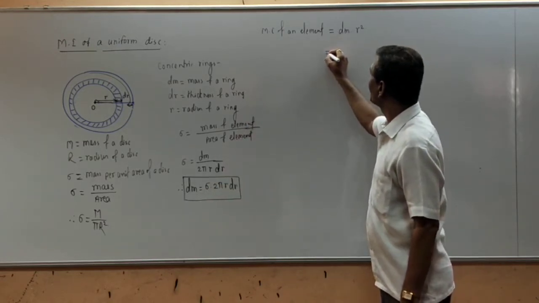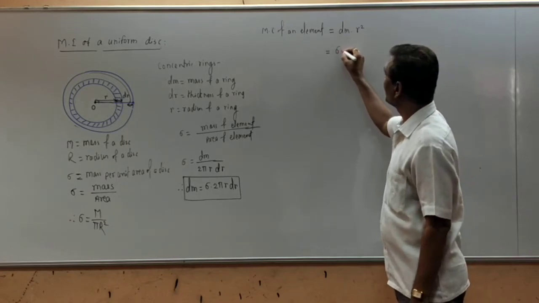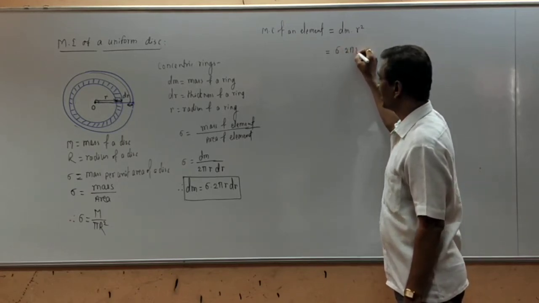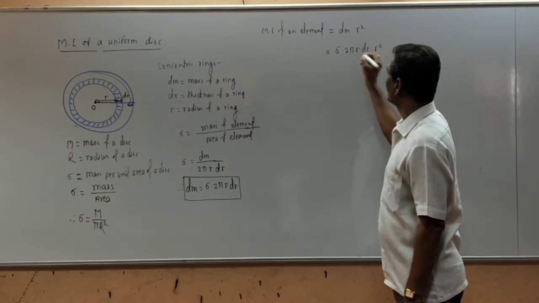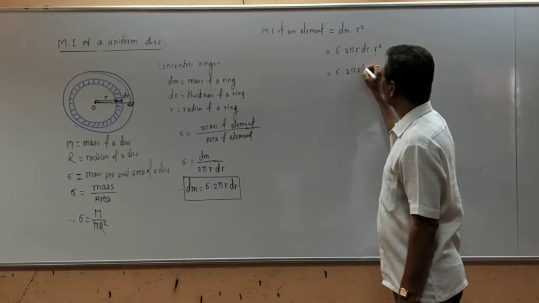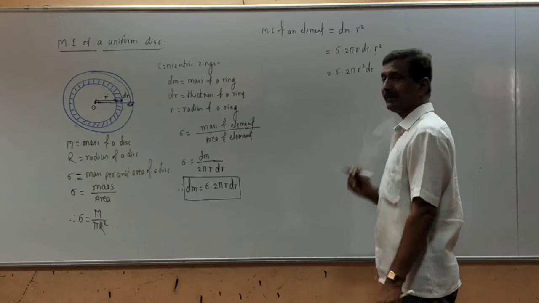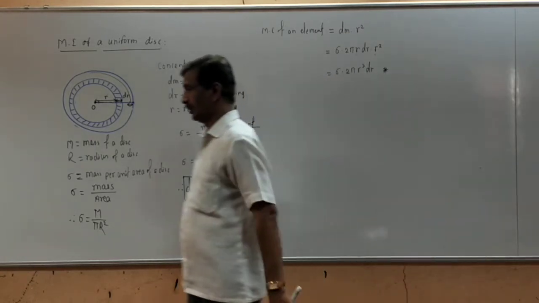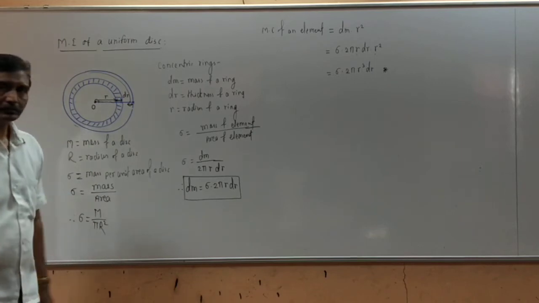So the moment of inertia of the element is sigma into 2 pi r dr into r square. So r square into r is r cube. It is sigma 2 pi r cube into dr. This step is very important. This is the moment of inertia of one element.